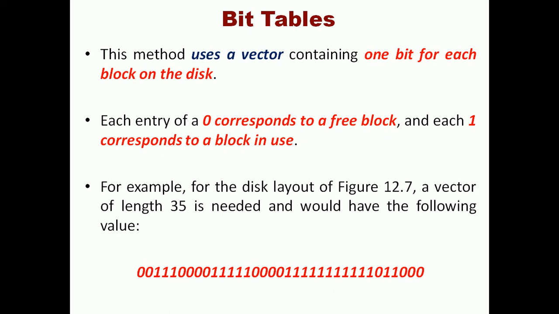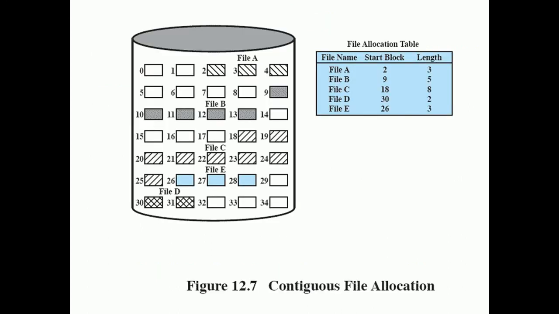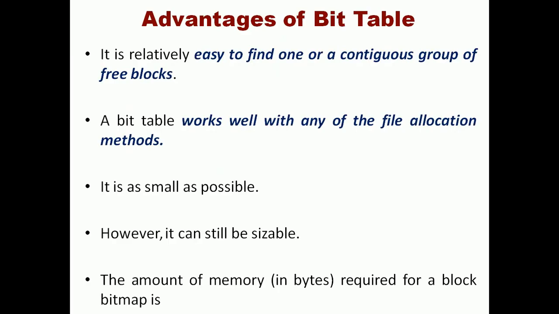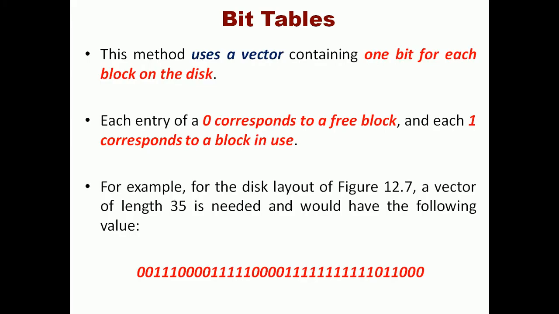The length of the vector is 35, because in this diagram we have 35 blocks. The major advantage of this bit table is that we can easily find a contiguous group of free blocks. This is contiguous, this is also contiguous, this is contiguous.